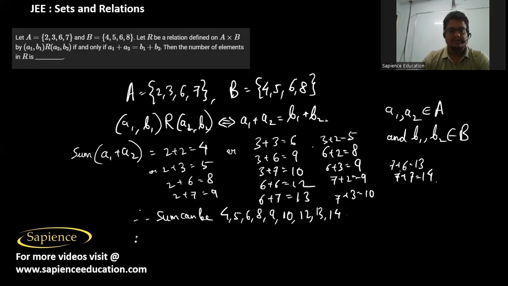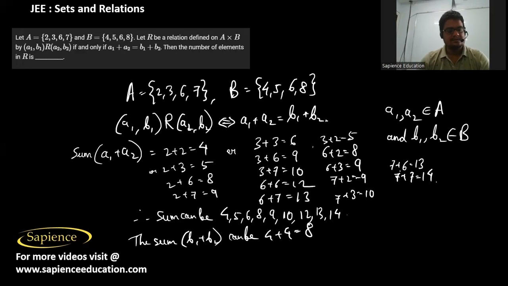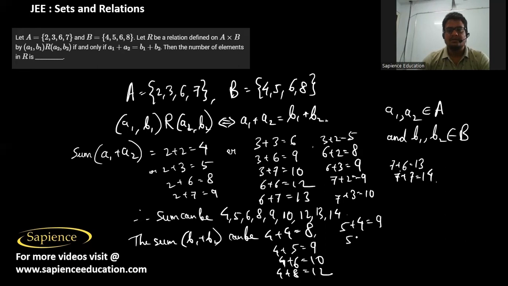And similarly, the sum b1 plus b2 can be 4 plus 4, which is 8, and then 4 plus 5, which is 9, 4 plus 6, which is 10, and 4 plus 8, which is 12. Then 5 plus 4 is 9, 5 plus 5 is 10, 5 plus 6 is 11, 5 plus 8 is 13.